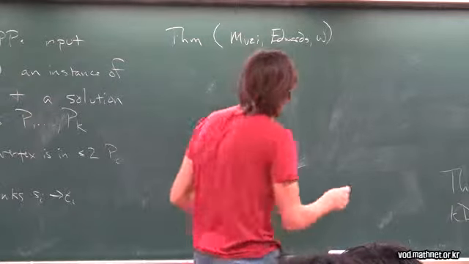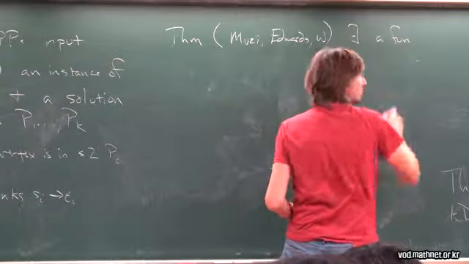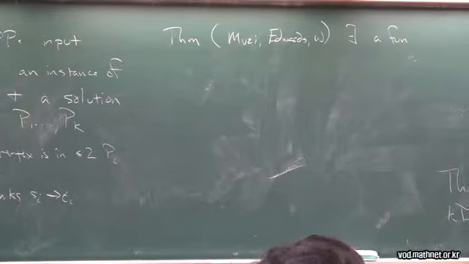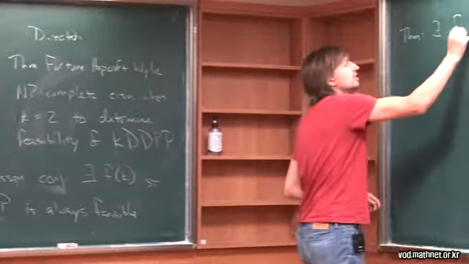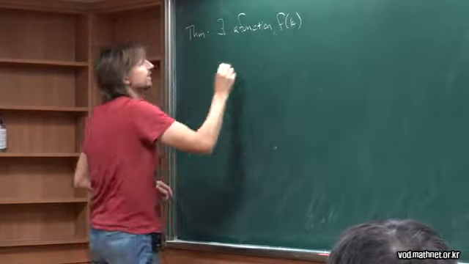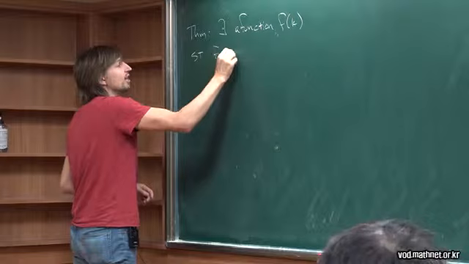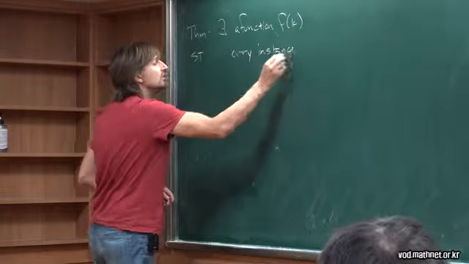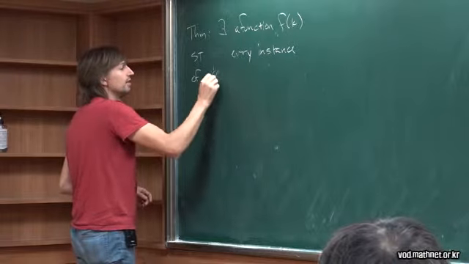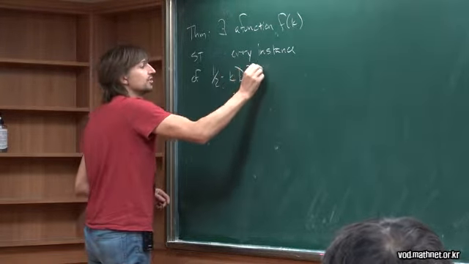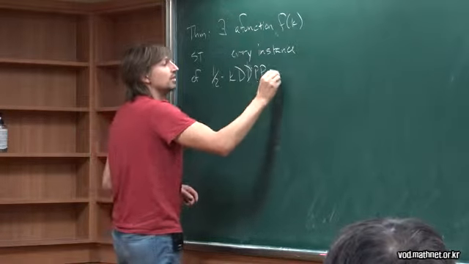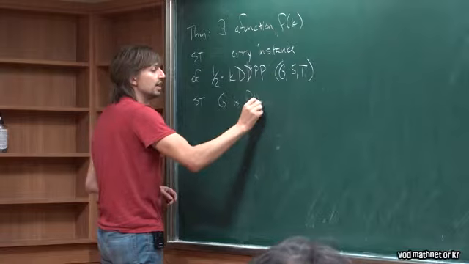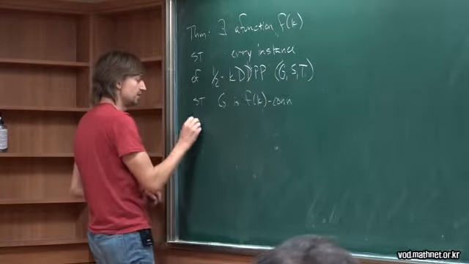That is, there exists a function f of k such that every instance of the half-integral k directed disjoint paths problem, G, S, T, such that G is f of k connected, is feasible.